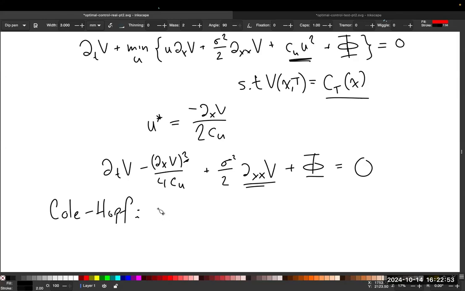So what is this transform? We're going to make the substitution that psi x t is equal to the exponential of some negative lambda inverse v. So lambda is a constant that we're going to determine.